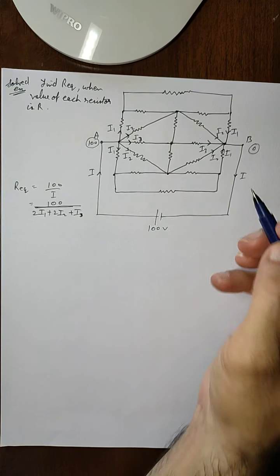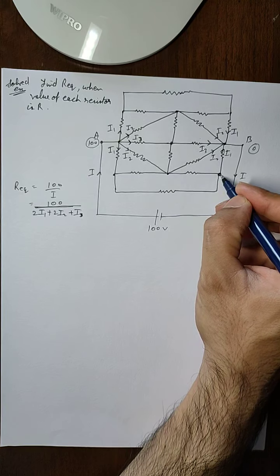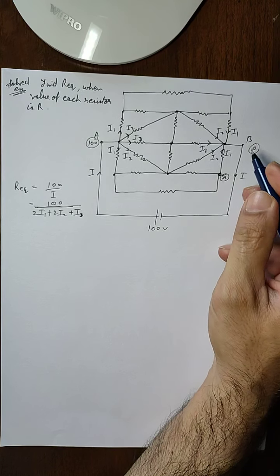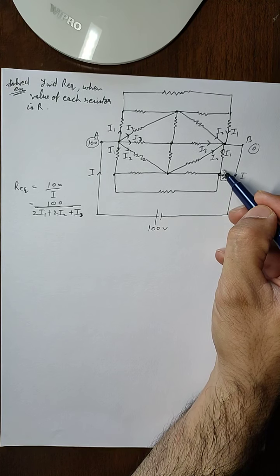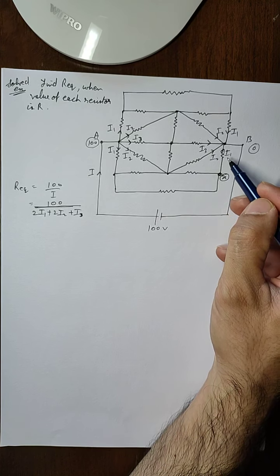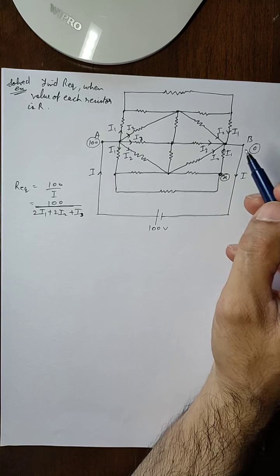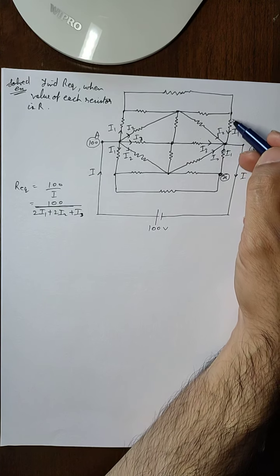Now let us assume that the potential at this point is X. So between these 2 points, the potential difference is X minus 0 and the current flowing is I1. The same condition is true for this branch.